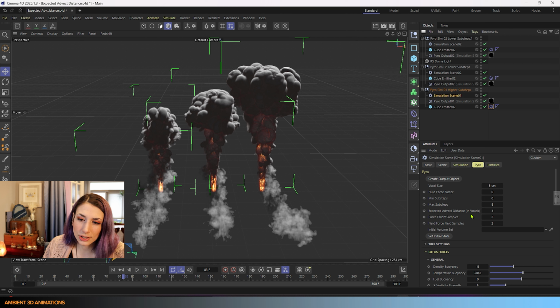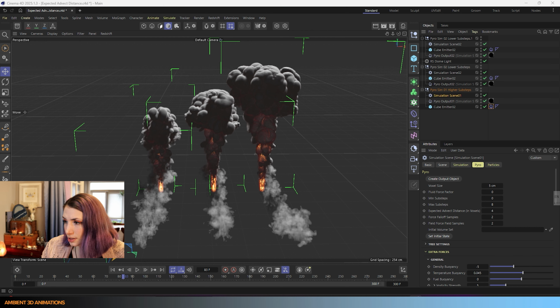They're kind of like little cubes that make up the form of your simulation. So these fires are all made out of voxels. And you can control your voxel size and such. So we've covered that before, but what's new is this advect and what that means.